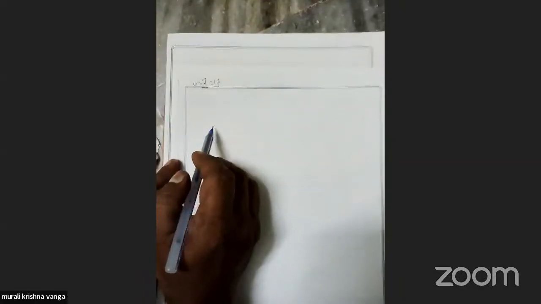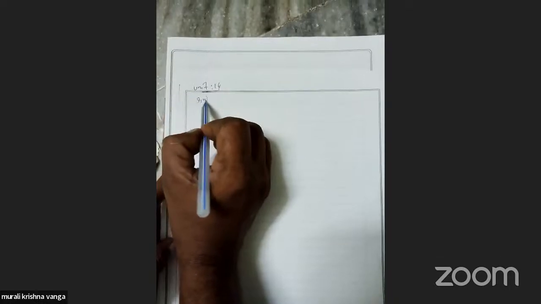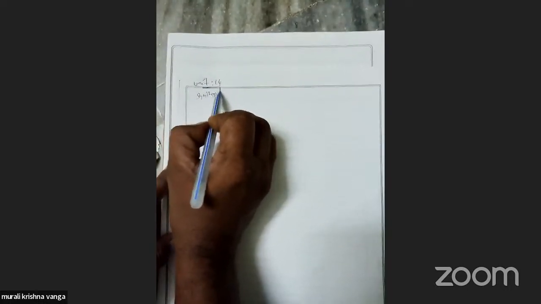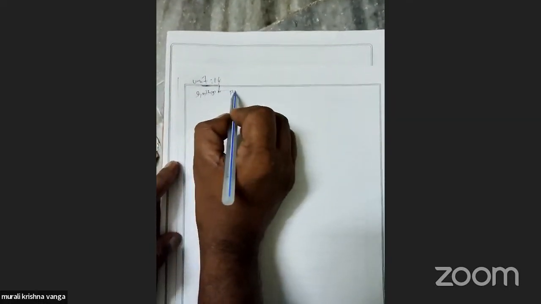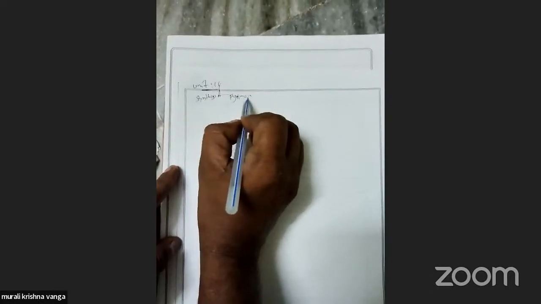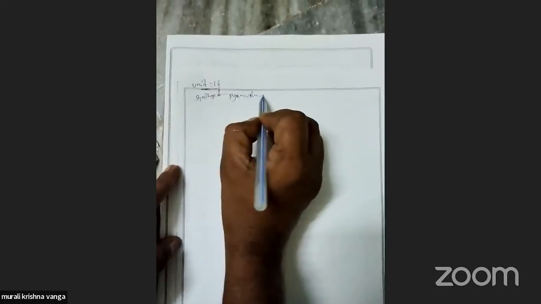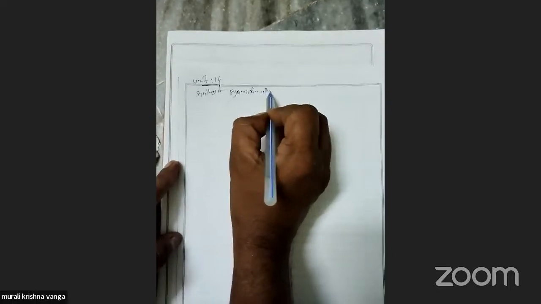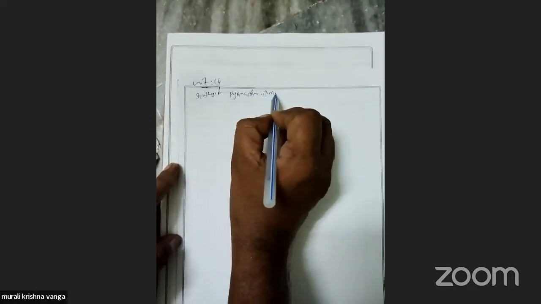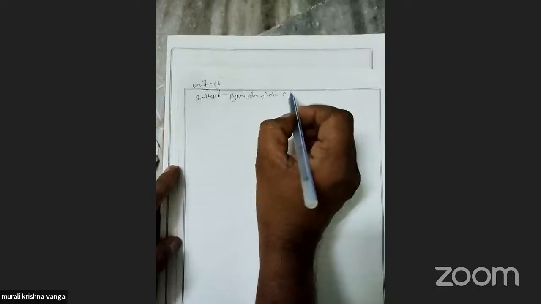Next one is unit 14, synthesis of pyrimidine, purine, xanthine bases.